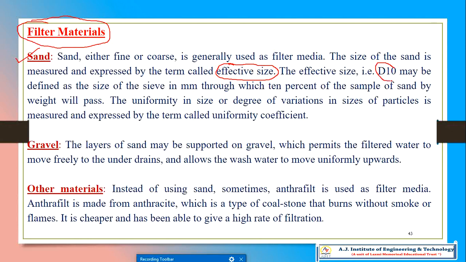D10 may be defined as the size of the sieve in mm through which 10% of the sample of the sand by weight will pass. Please clarify what D10 means.